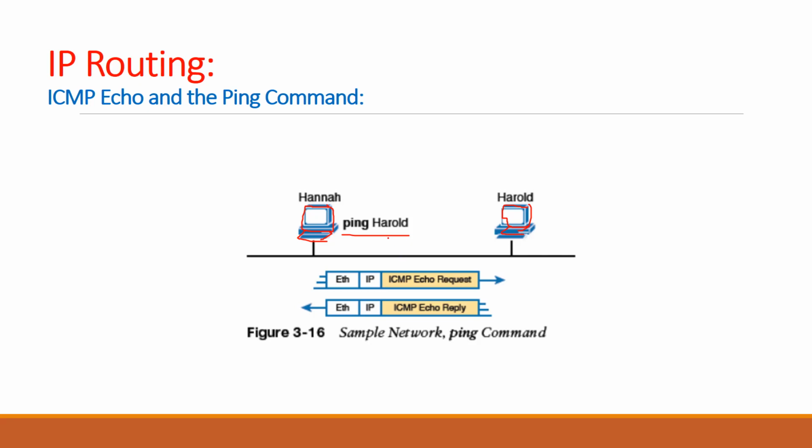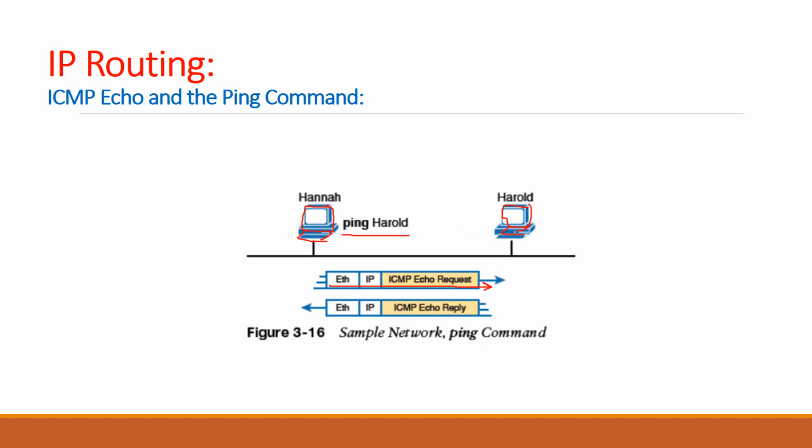First, you will ask the DNS, as we mentioned, because for the ping, Hannah will not use the host name, it will use the IP address. So first, you will ask a DNS to get the IP address of Harold, and then the ICMP echo request will be sent from Hannah to Harold, using the IP address of Hannah as source and Harold as destination.